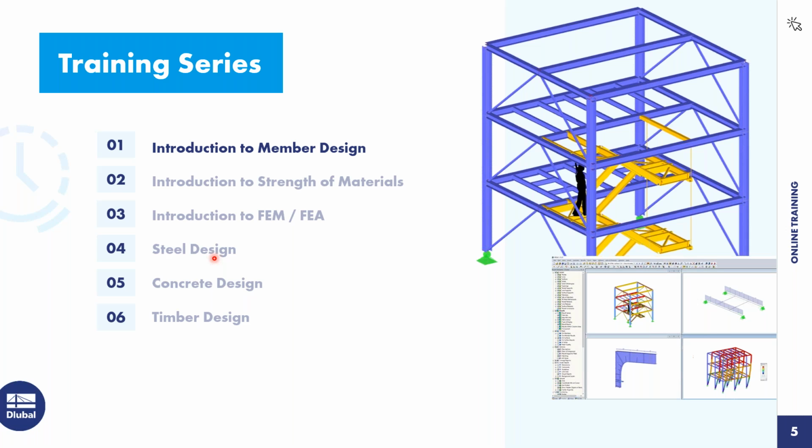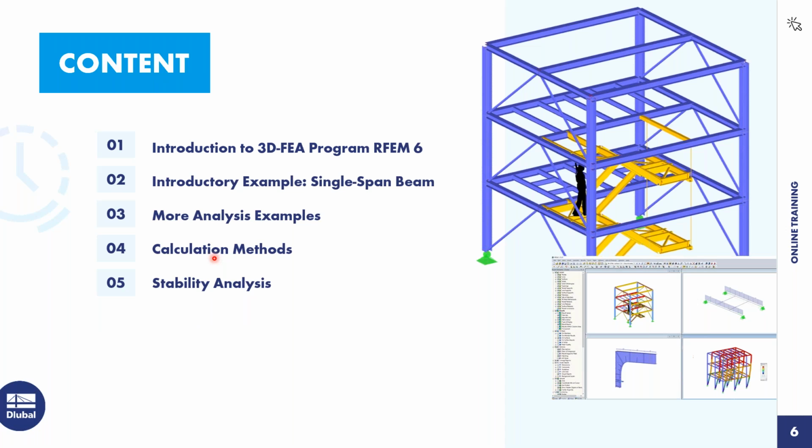The biggest advantage of RFEM is that you need only one program. In order to calculate trusses, single beams, continuous beams, or perform any steel or timber designs, you only need one program, and this is RFEM 6. No other external applications or tools are required for these examples.